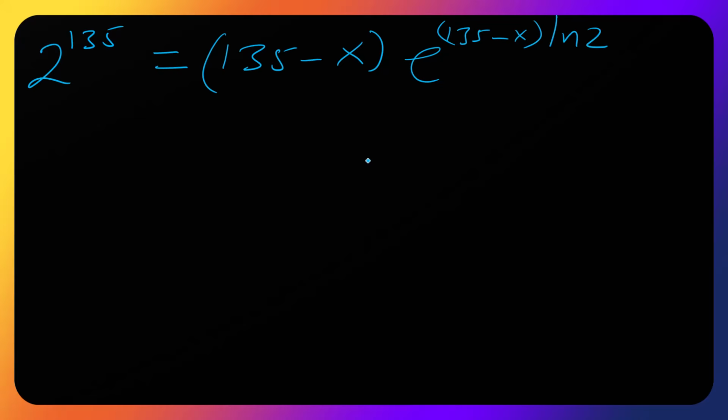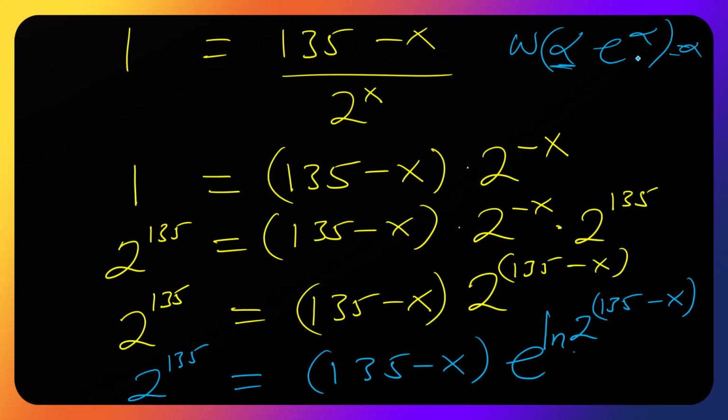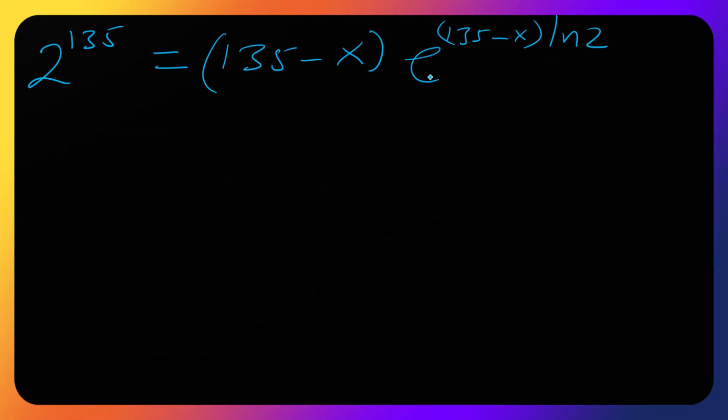Now, we are still working towards the Lambert W function, but what is here must match what is here. So let's continue to manipulate this one in such a way that what is here matches what is here. We have 135 minus x, 135 minus x, ln of 2, but no ln of 2 here. So let's multiply both sides by ln of 2.